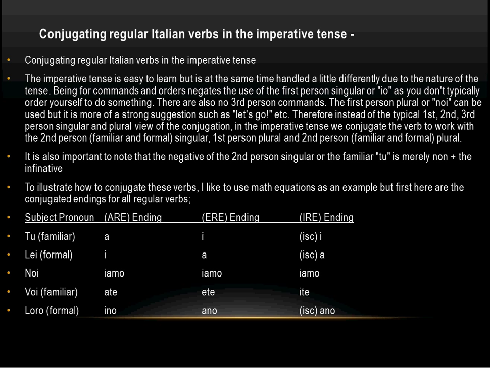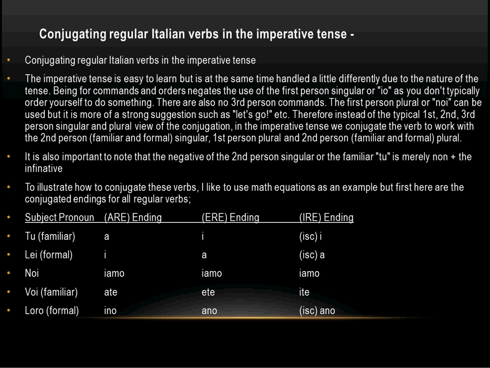For ere, they are a, iamo, ete, ano. I, a, iamo, ete, ano. For ire, they are i, a, iamo, ite, ano. Or if you have an isc verb, they're going to be isci, isca, iamo, ite, iscano.